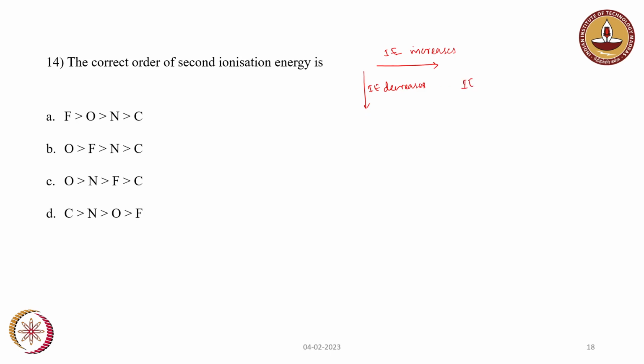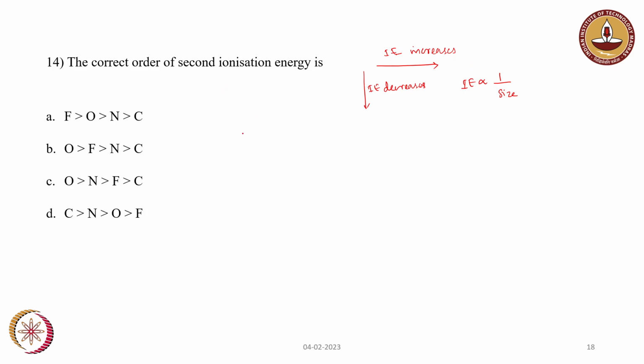So IE is proportional to 1 by size. And in a period, when we move from left to right, the size is reducing because effective nuclear charge is increasing, and hence it becomes difficult to remove an electron from the valence shell.